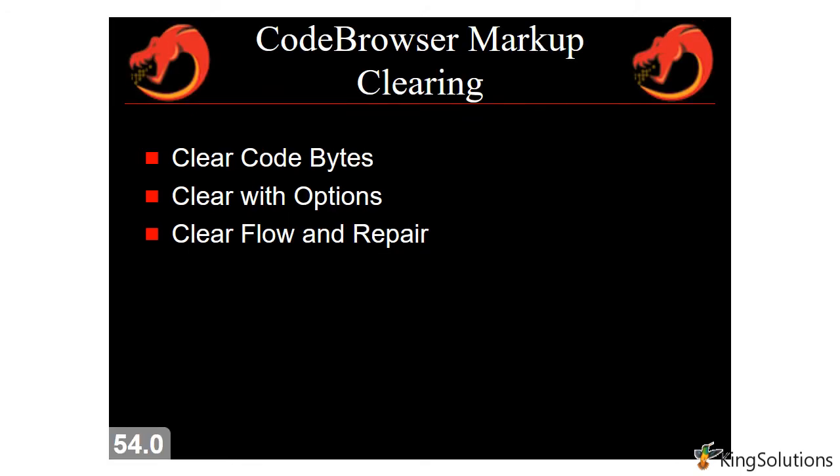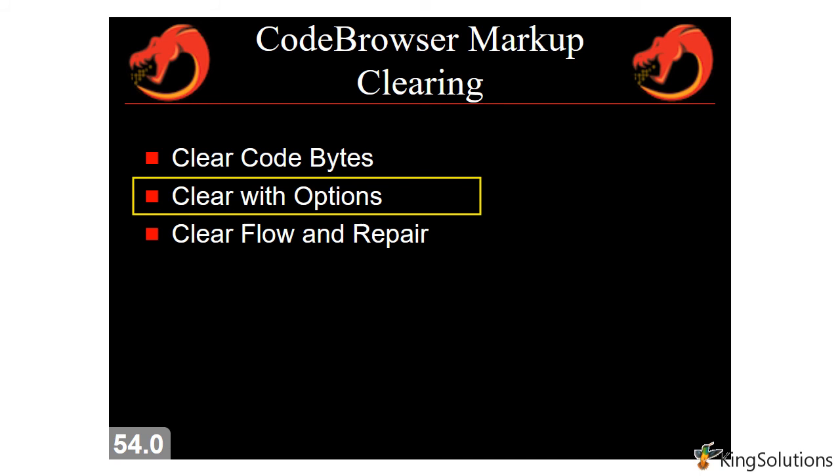Code browser markup. Clearing. In order to use markup clearing, you need to select the items you want to clear, and choose one of the following markup clearing options from the right-click menu. Clear code bytes. This option clears the defined code or data and leaves labels, comments, etc. alone. Clear with options.